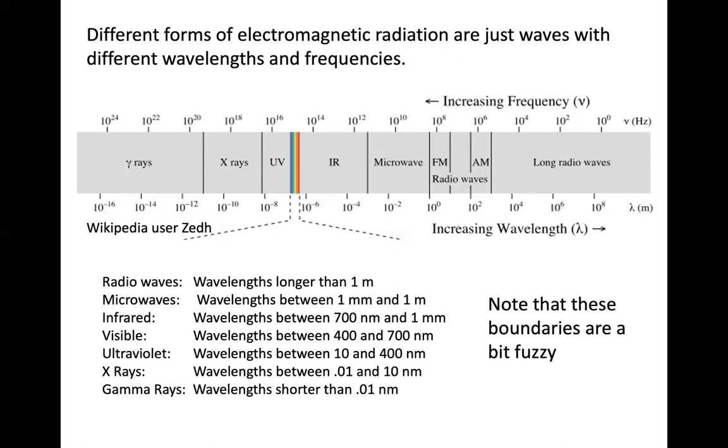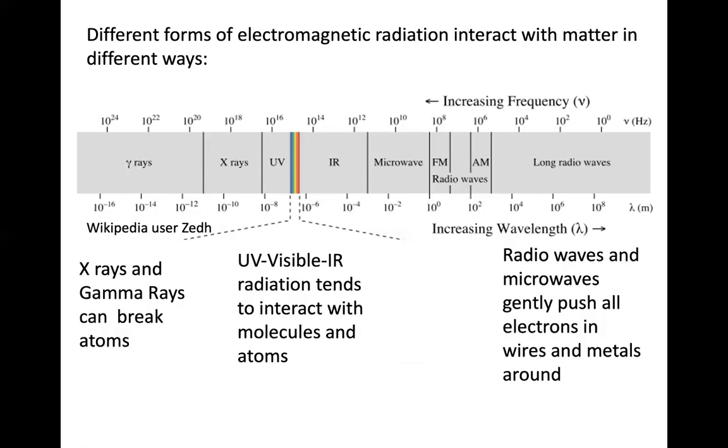Now, these are all the same basic type of phenomenon, but they interact with matter in fundamentally different ways because of their different wavelengths. The radio waves are long wavelengths, so they interact with matter on large scales. Thus, you have the ability to push around a large number of charges relatively smoothly.